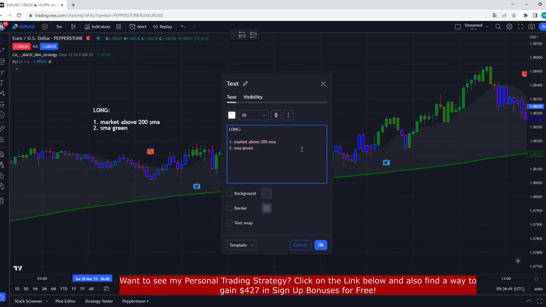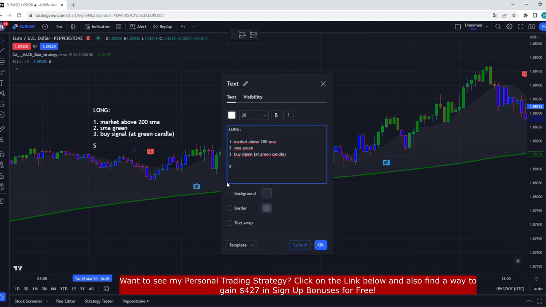If this condition is met, then third, we are waiting for a buy signal like this one over here or this one over here. And it is very important that the buy signal comes with a green candle.